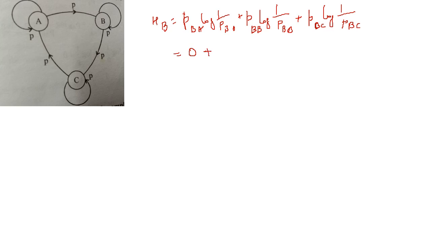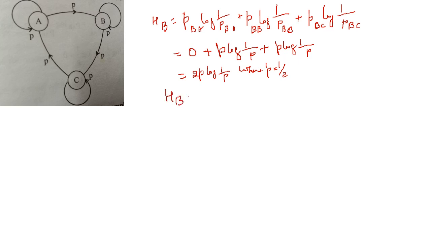Then PBB, from B to B it is P log 1 by P plus from B to C it is P again, P into log 1 by P. So it is nothing but 2 into P log 1 by P, where we know P is equal to half. If you substitute, we'll get HB is equal to 1 bits per message symbol. This will be the value for your HB.